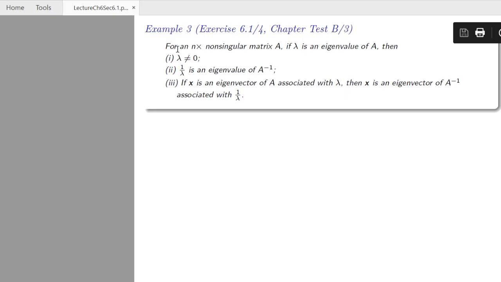We consider an n by n non-singular matrix A. First, if lambda is an eigenvalue of A, then lambda is not equal to 0. Second, 1 over lambda is an eigenvalue of the inverse of matrix A.